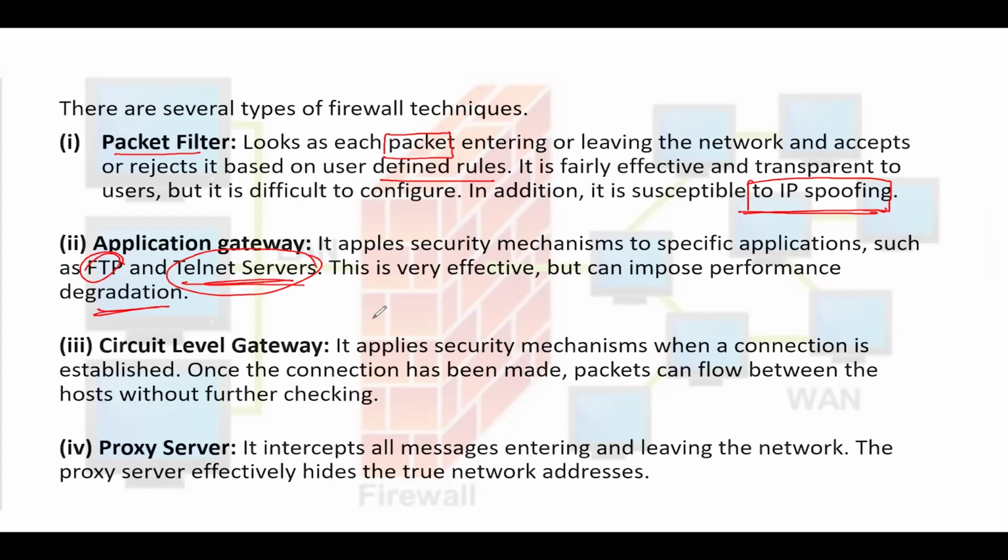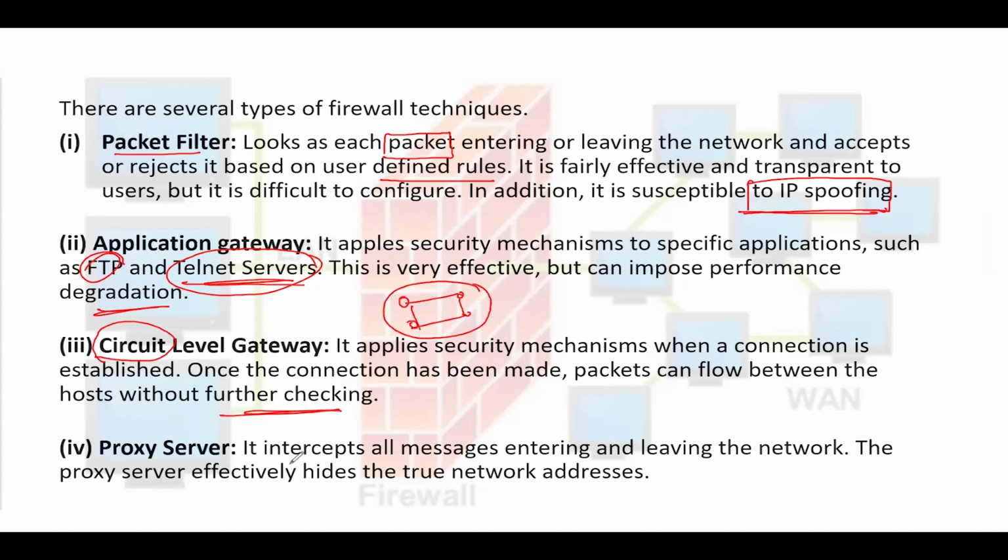Circuit level gateway applies a security mechanism when a connection is established. Once the connection has been made, packets can flow between the hosts without further checking. So the circuit level gateway does network and security checking whenever you form the connection itself, and once that checking is done during network setup, no further checking is going to happen.